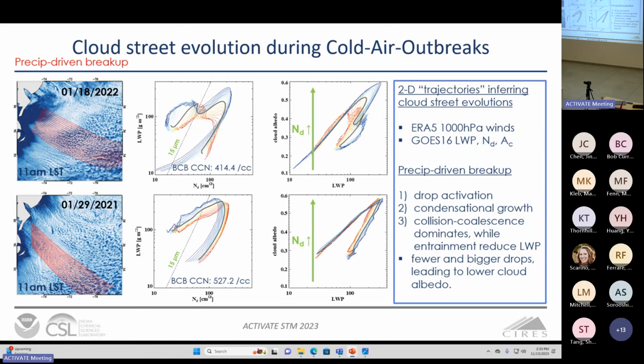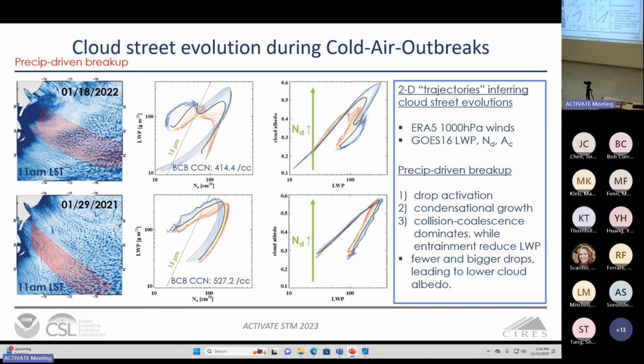So the first thing I want to show using some ACTIVATE science is this cold-air outbreak evolution. This is all from GOES-16 satellite liquid path, number concentration, and albedo. The goal I'm trying to achieve here is to see the evolution of the cloud street. I coded a 2D trajectory model to use the surface wind to advect air masses along this street to capture this evolution.